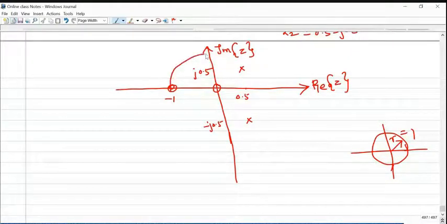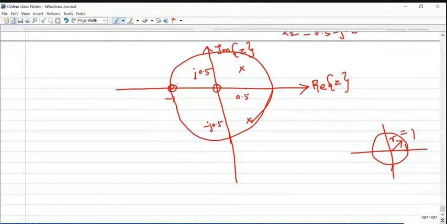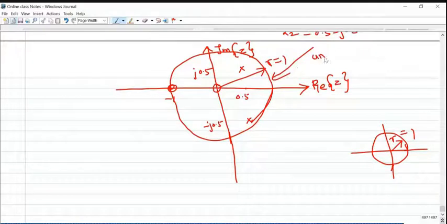With the radius r equal to 1, the unity circle. Okay, so two poles are there, and both of these poles lie within the unity circle only.